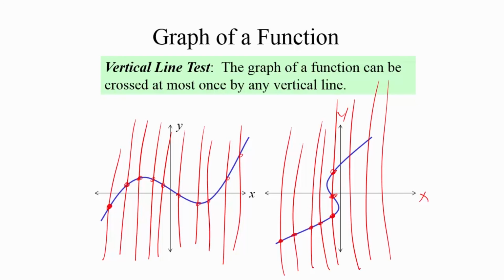It's cutting the curve in three places. So that says this curve here is not a function. This is the vertical line test. It doesn't show a functional relationship between x and y.